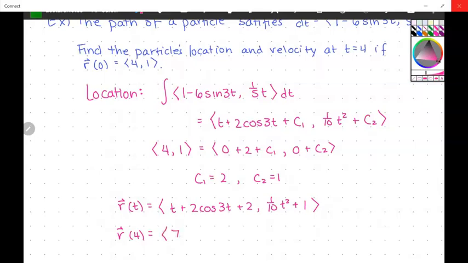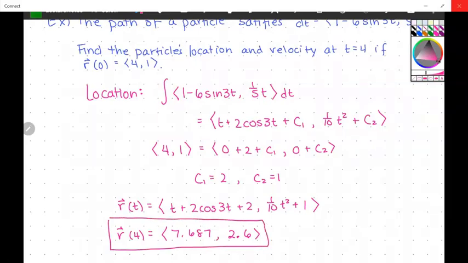That's about 7.687, 2.6. So there's your location. Remember, it's still a vector, but then the terminal point will give you the location of the particle.